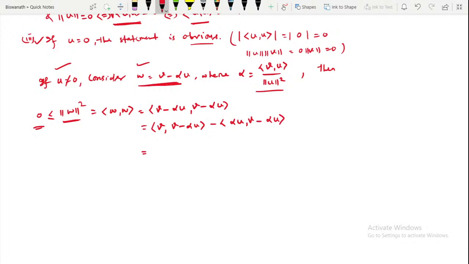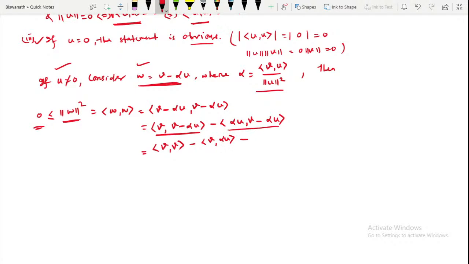Similarly, I can simplify this one as the inner product v comma v, minus v comma alpha u.